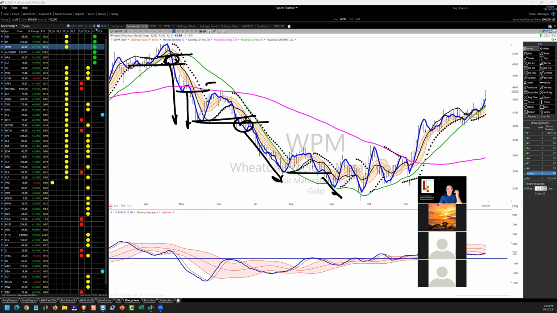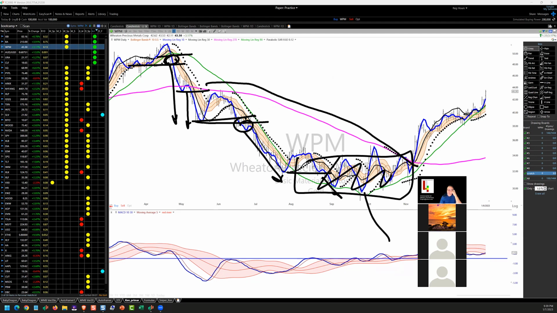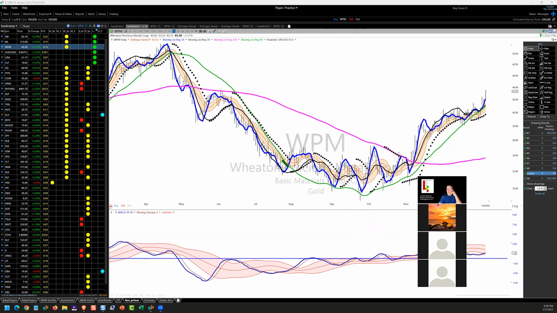And that was so bad that the 270 rolled all the way down to here. But because of this failure to fail further, it didn't fail. Instead, it did this. That price action was enough to make the RL90 go from down to up. And here's where the RL90 crossed the 270.